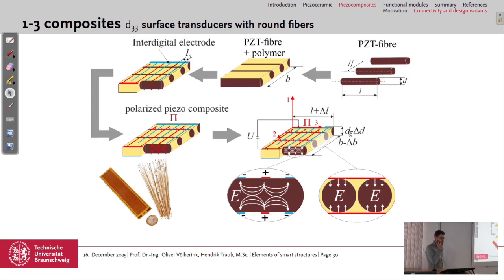If we build a transducer from these kinds of fibers, we start with round piezoceramic, lead zirconate titanate fibers, then add the polymer, and then we use not planar electrodes but interdigital electrodes, which form like this. So you have one electrode and another electrode, which are then called interdigital electrodes.